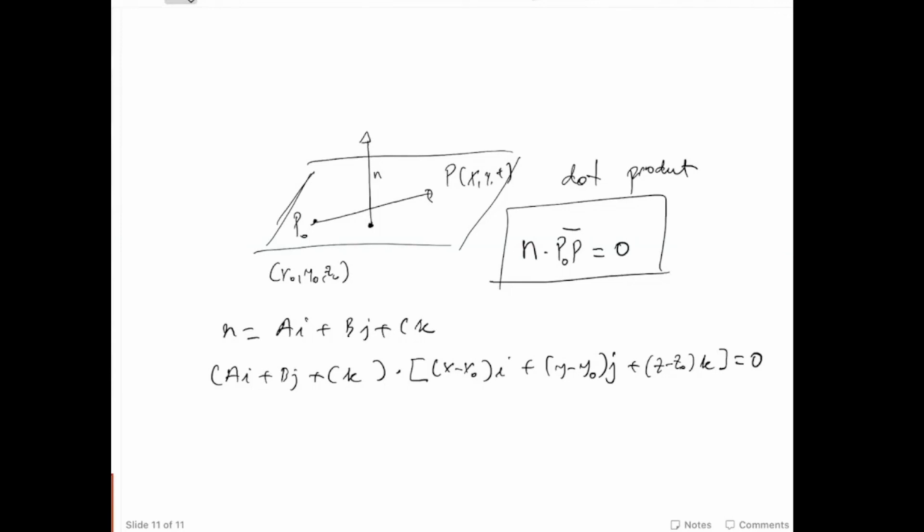So the plane consists of points satisfying the equation A(X minus X0) plus B(Y minus Y0) plus C(Z minus Z0) equal to 0.